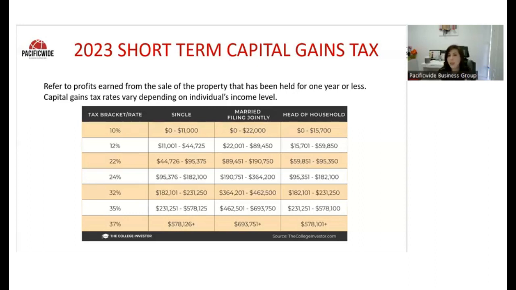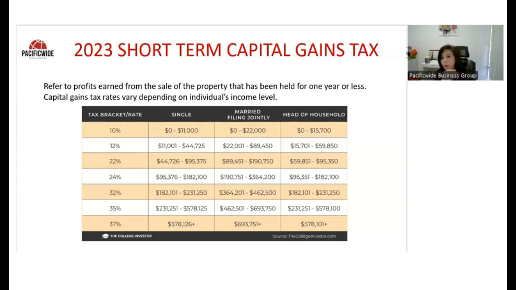By the way, the capital gains tax for short term is much more than for long term. You see right here, for a single person who earns an income less than $11,000, their capital gains tax will be 10% if they sell something within 1 year.